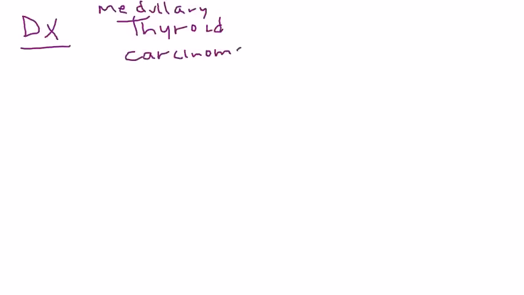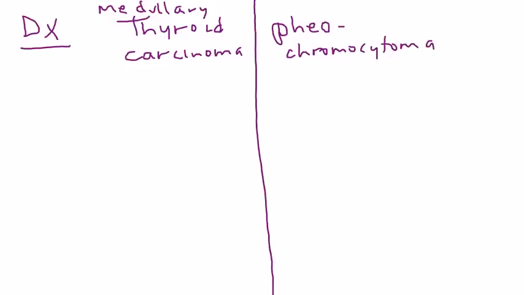So someone presents with these types of physical exam findings or that type of history. Well, how would you diagnose it? Let's start with the thyroid tumor, medullary thyroid carcinoma, and then we'll talk about pheochromocytoma. And then the mucosal neuromas are just something that you would see on physical exam.